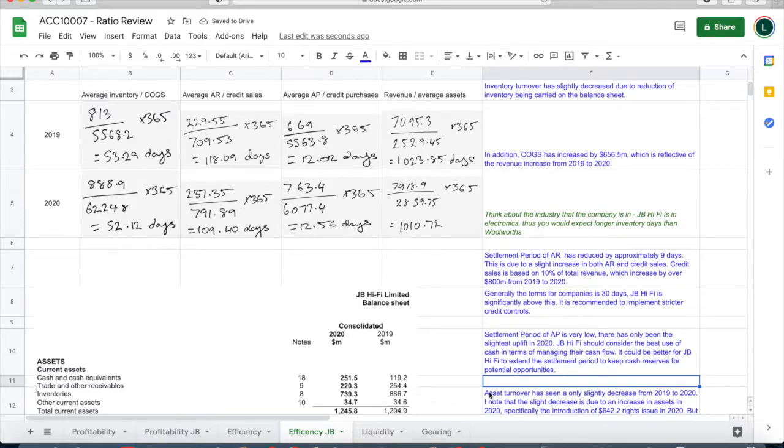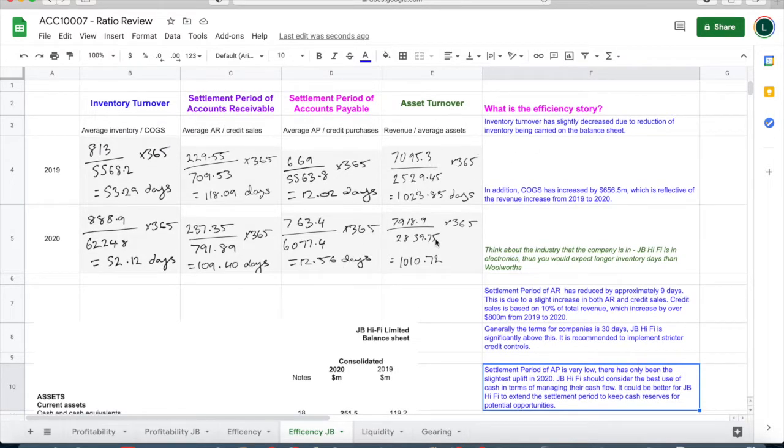It could be better for JB HiFi to extend the settlement period to keep cash reserves for potential opportunities. So we've got to balance those cash flows. Whilst it is great, it could be slightly concerning that it's so low. So I have provided a recommendation saying it might be something for them to look at to manage their cash flow operations a bit better.